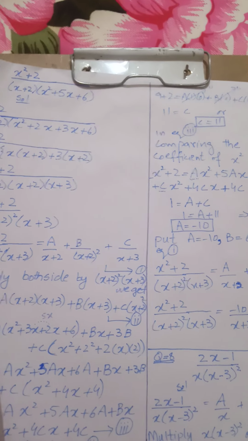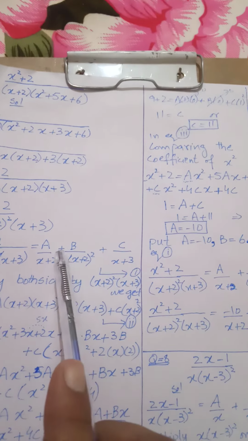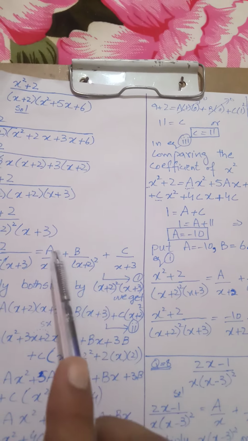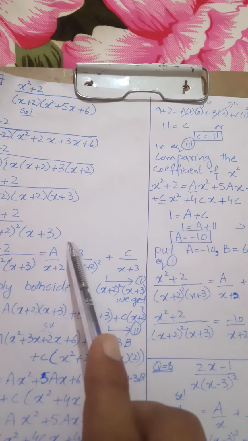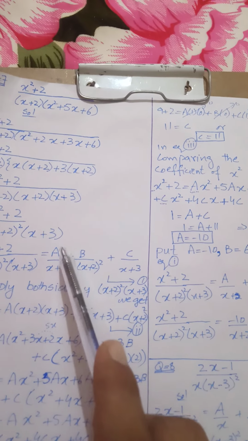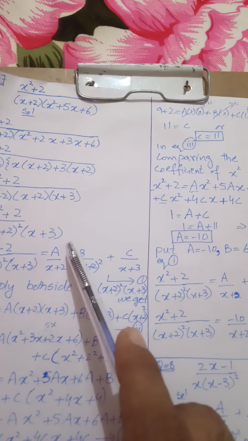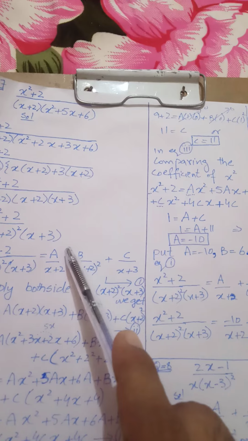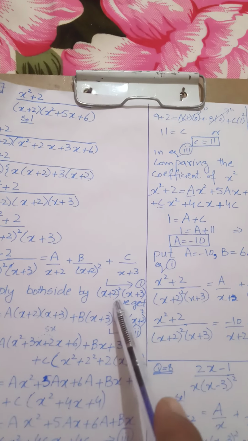Similarly, if we multiply this value x plus 2 into x plus 2 whole square into x plus 3, the single x plus 2 cancels, so there will be just x plus 2 and x plus 3, because this is x plus 2 whole square.